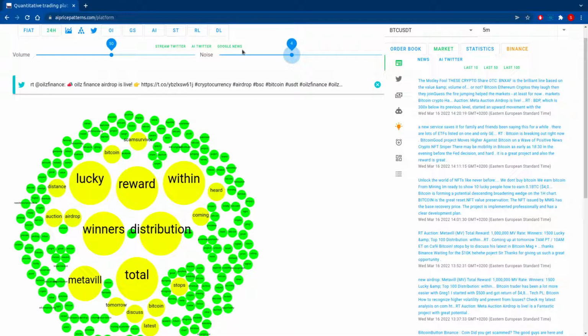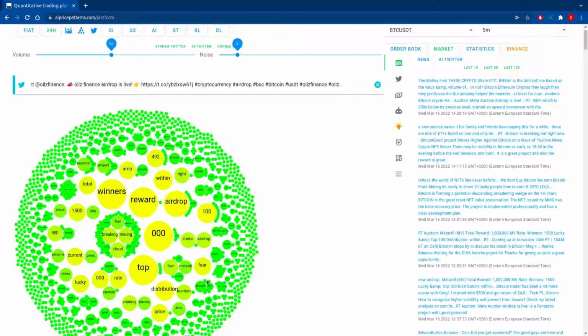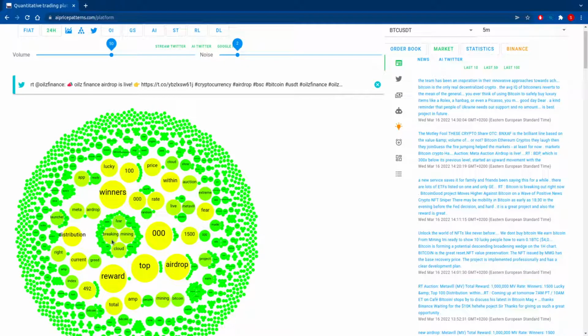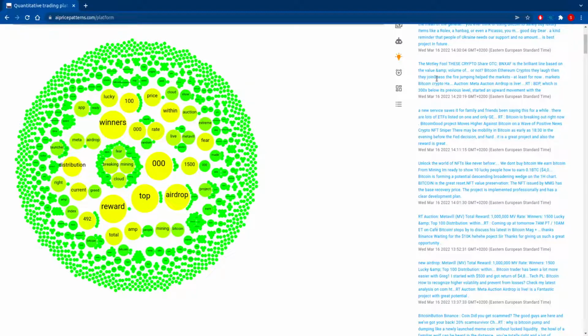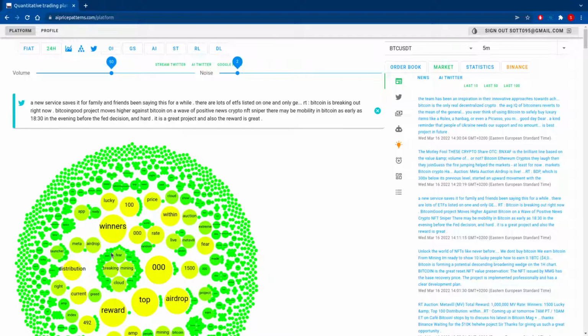Okay, and you see we have some clusters: winners, breaking, mine, reward. Also, I saw something about distribution. Okay, let's look at this cluster, breaking, and we could analyze this news to understand what the ideas on the market are. This text is generated by artificial intelligence. Okay, this is some distribution.